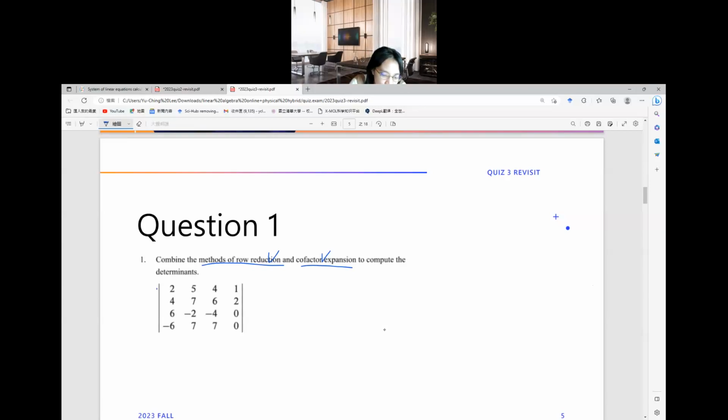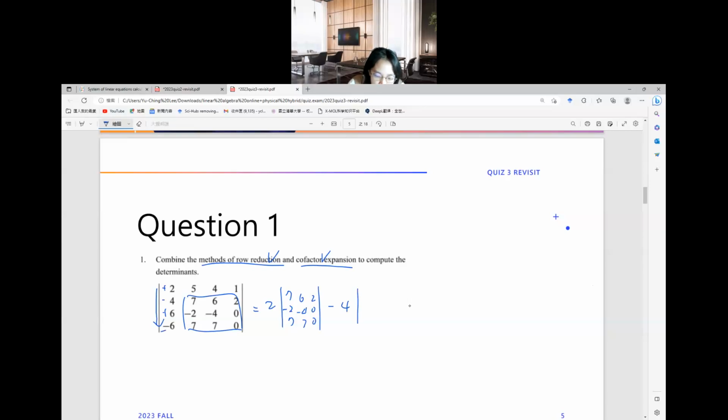For example, if you do it along the first column with the cofactor expansion, it may be equal to 2 times a 3 by 3 matrix right here, and then minus 4. Here, recall that the sign is plus minus plus minus.